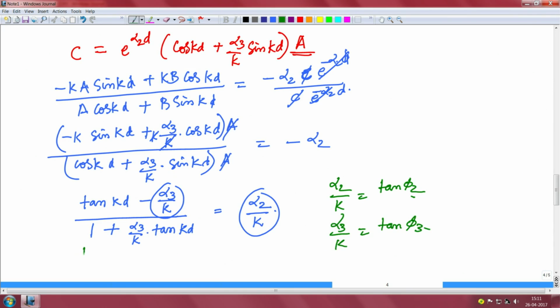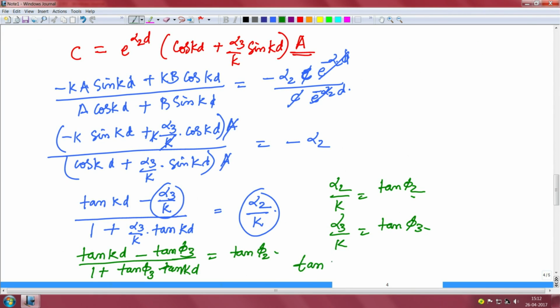So that we have (tan kd minus tan phi 3) divided by (1 plus tan phi 3 into tan kd) equals tan phi 2. So, the left side can be written as tan of (kd minus phi 3), and the right side is tan phi 2.